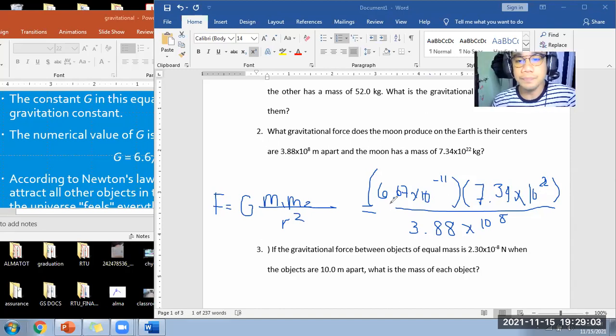So meron na tayong 6.67 and the moon has a mass of 7.34 times 10 to the 22. Tapos yung distance daw nila apart ay 3.88. So what will be the gravitational force? So what will be the given? So what will be the unknown?